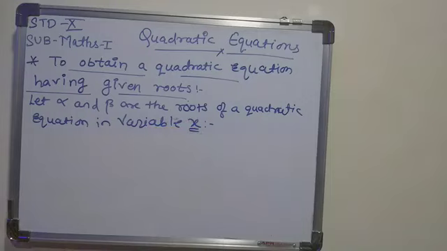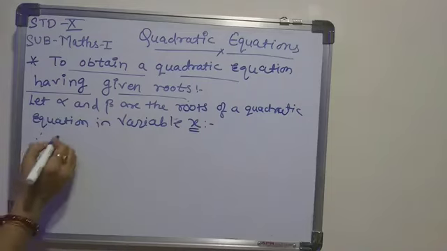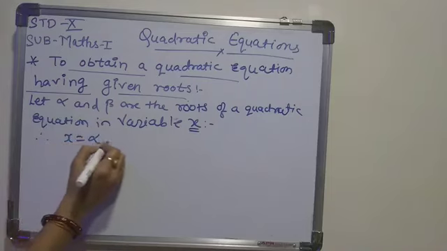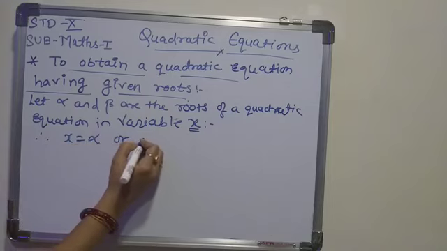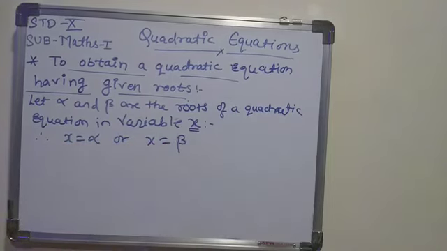Okay, so we have assumed that alpha and beta are the roots of a quadratic equation in variable x. If it is a root, it means value of x is alpha and x is equals to beta.